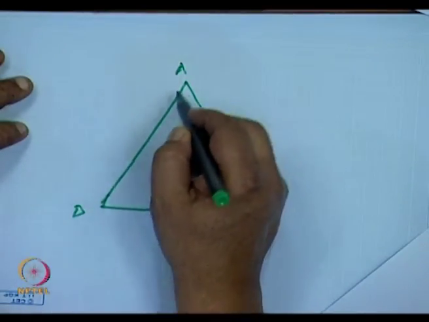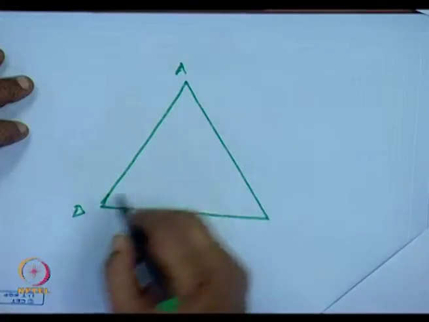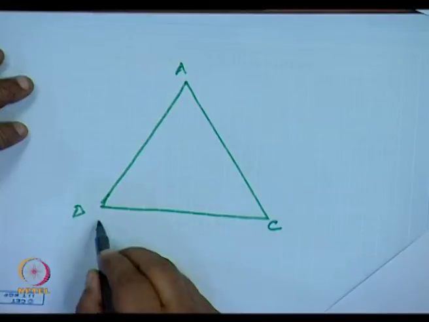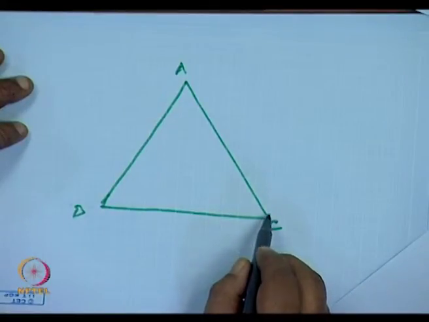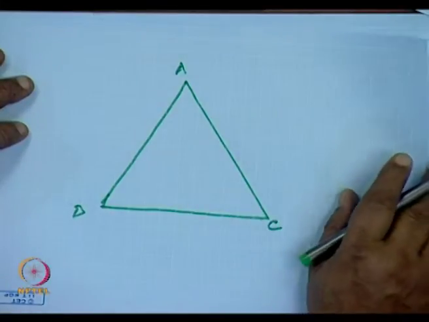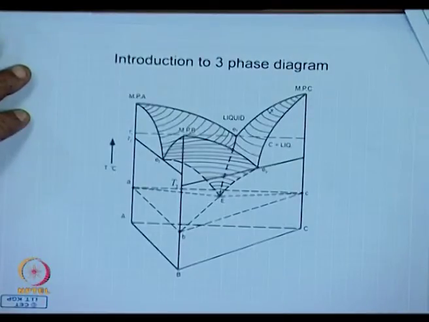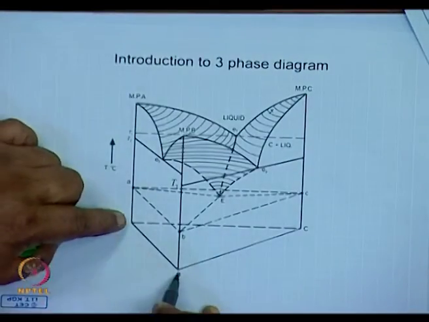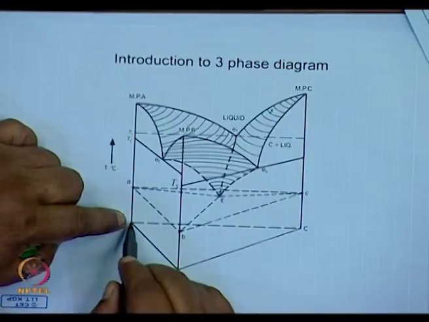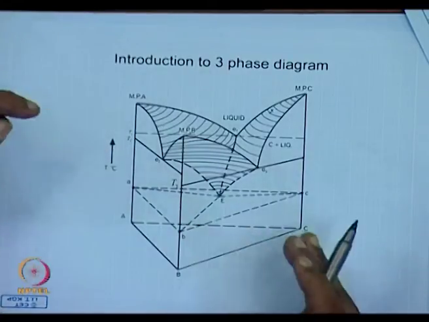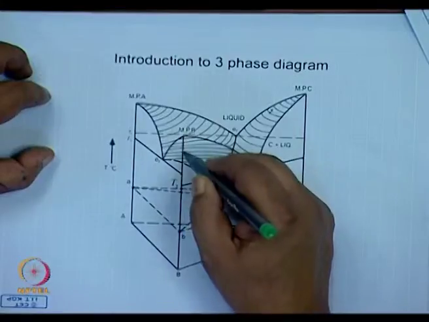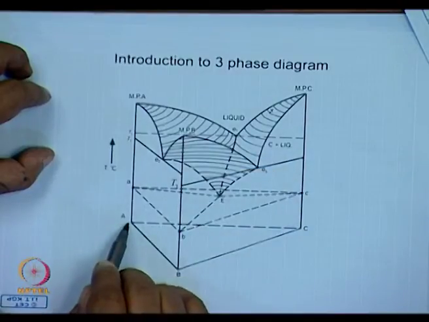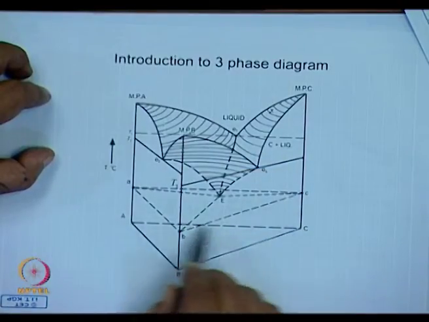So this vertical axis will represent the AB. This particular axis will represent the BC, and this will represent the AC. So when the three-phase diagrams AB, BC and CA are held vertically, the temperature axis is always vertical. The composition axis is always on the horizontal.